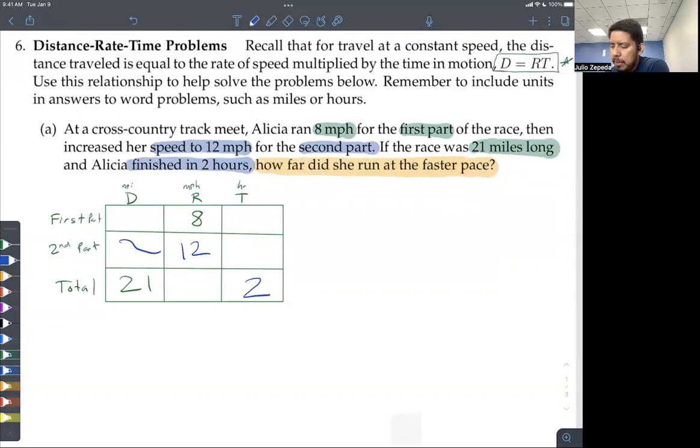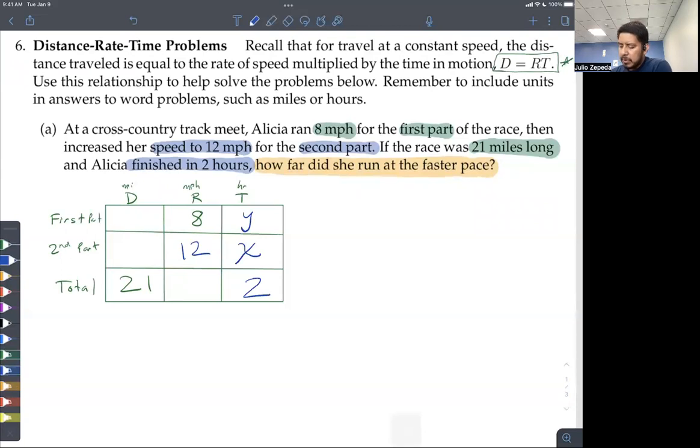But I'm not going to do that because there was a little bit of confusion as to whether you could define the variable to be somewhere else. So I'm going to let x be the amount of time she ran at the faster pace. And then if we know systems of equations, we can use a second variable. Let's let y be the amount of time she ran at a slower pace, or the first part.